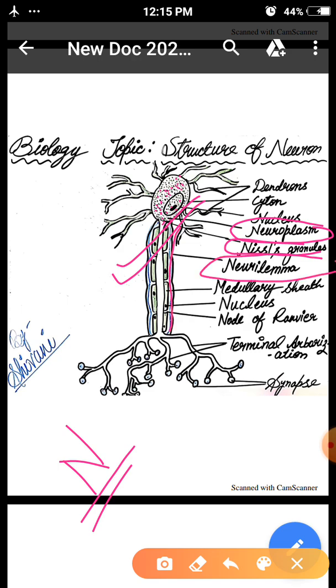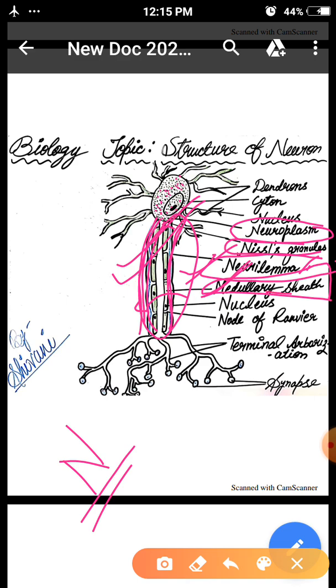It is the outer layer or outer surface of the axon that covers the axon. Then let's come to the medullary sheath. The medullary sheath is present inside the neurolemma, and its main function is to provide insulation to the neurons.